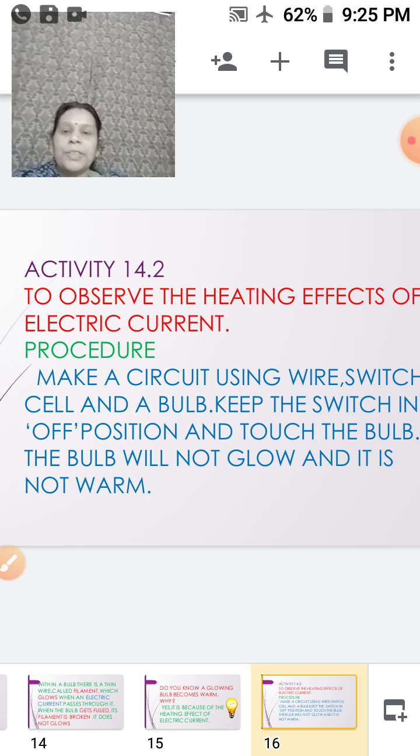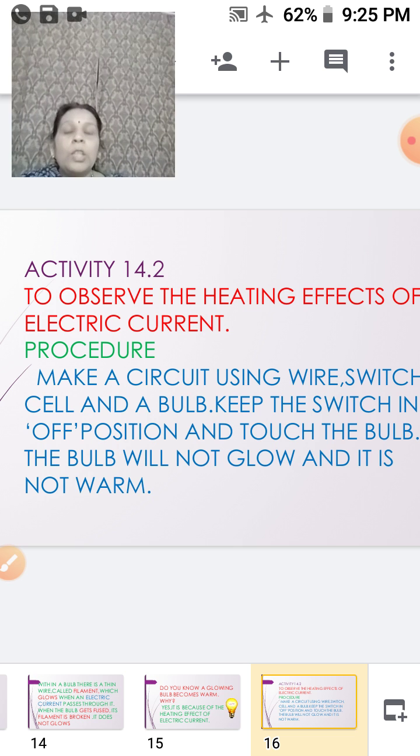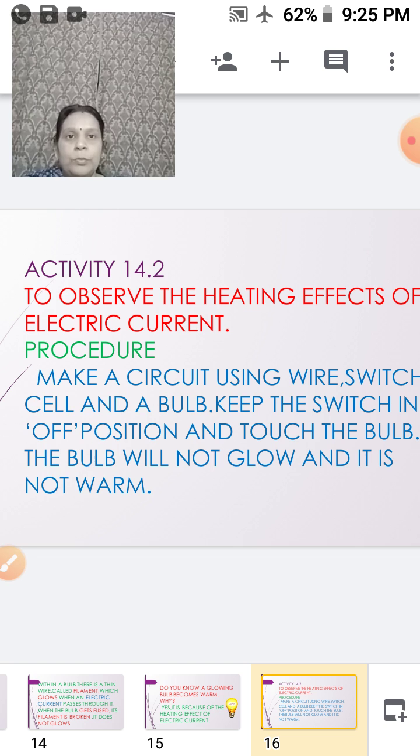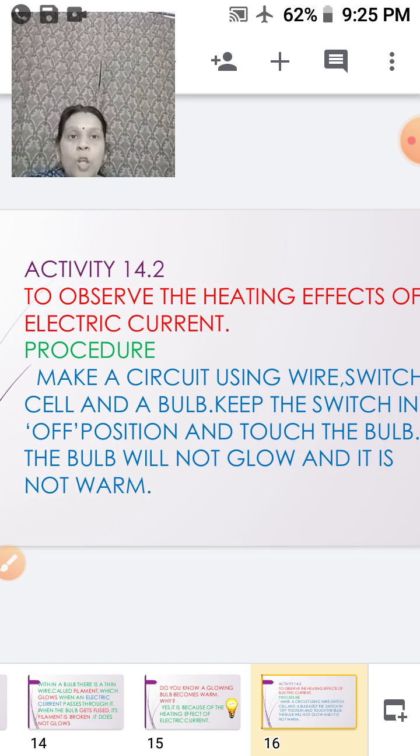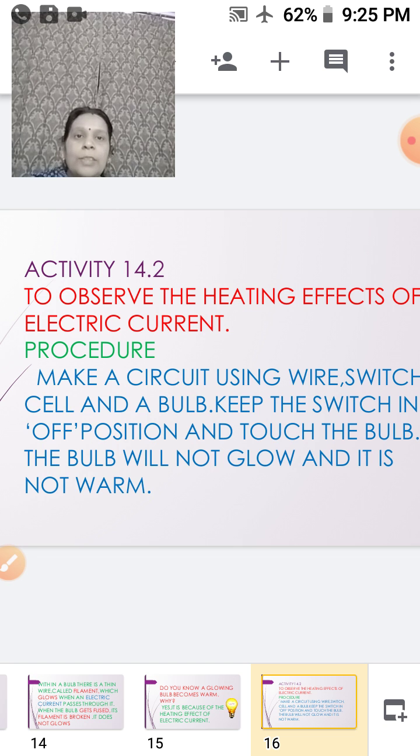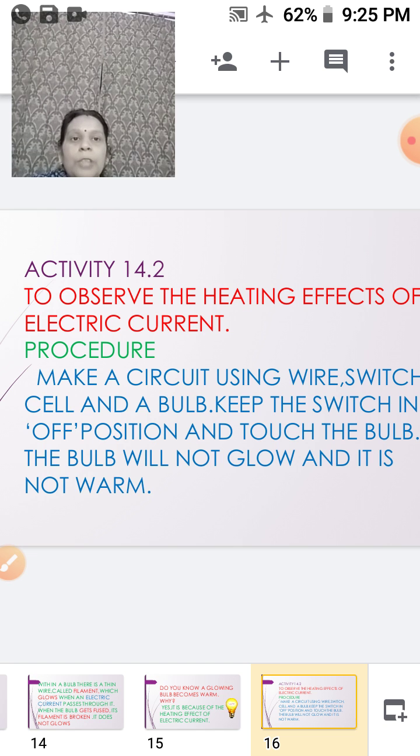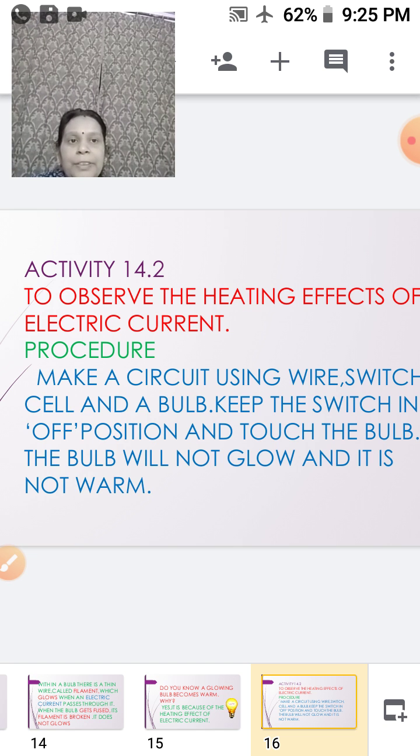Children, before starting with the activity, I will just tell you, you should never touch a lighted electric bulb when it is connected to the mains, because it is very hot and there are chances that your hand may get burnt. So never try to do any experiments at that time. Maybe sometimes the bulb is connected to your generator or inverter or other batteries.